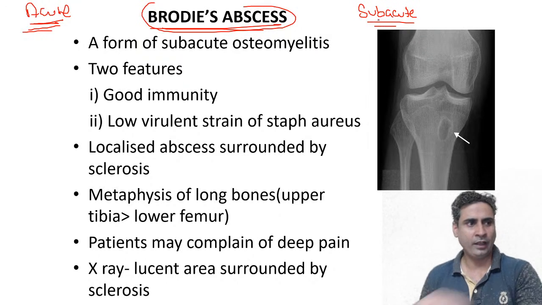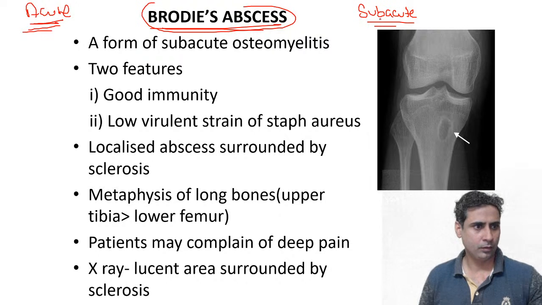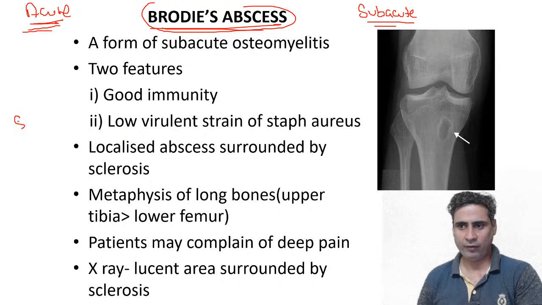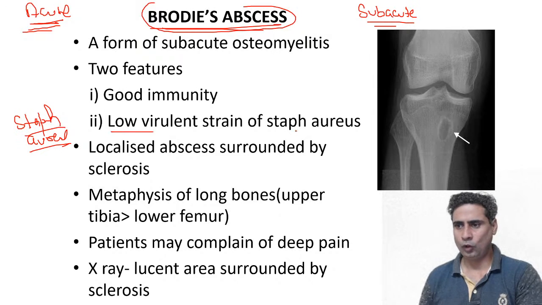This is because of two conditions: either the infective organism, which is most commonly Staph aureus only, has low virulence, and the immunity of the patient is good.